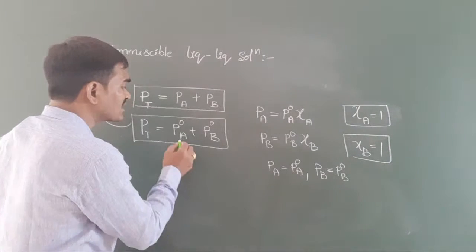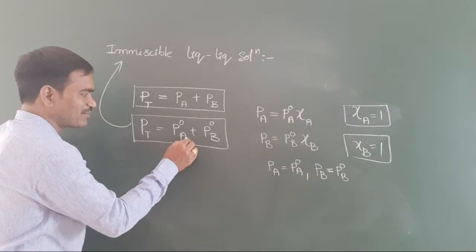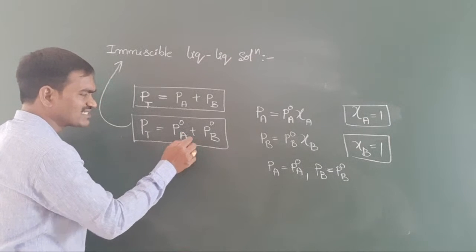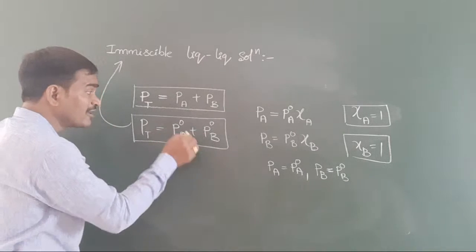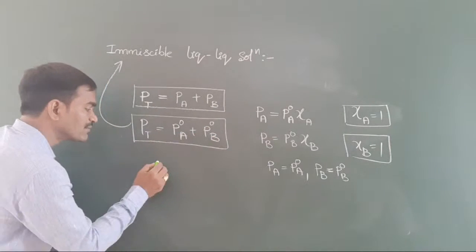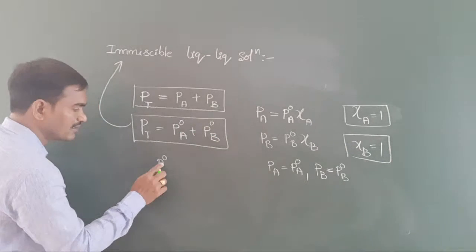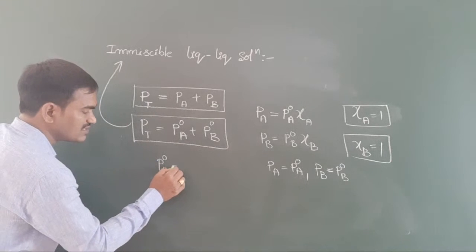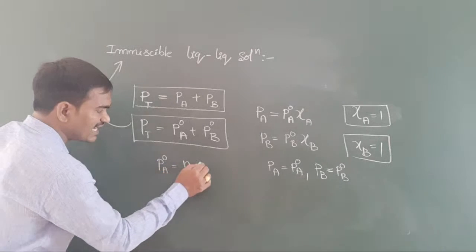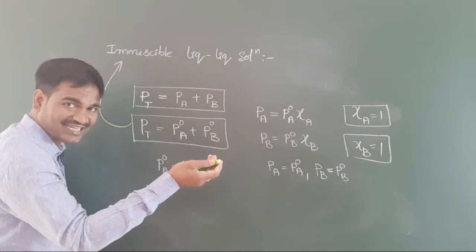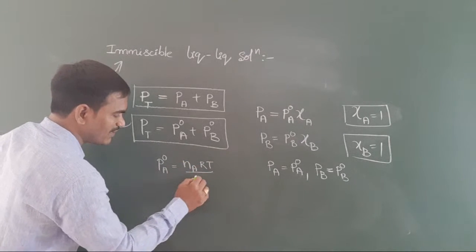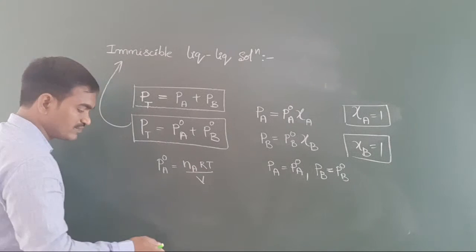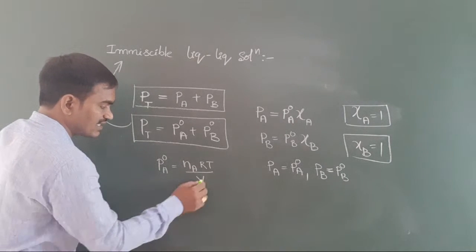Sometimes they won't mention, here also one more excellent point, sometimes they won't mention how to get PA, PB, P naught A, P naught B. So sometimes you have to get it like this: P naught A is equal to NA RT by V, since PV is equal to NRT, you know very well. Volume is constant, we cannot change that, okay?